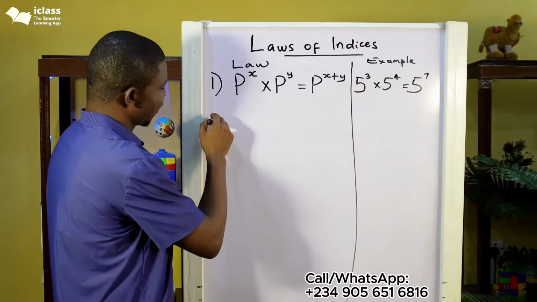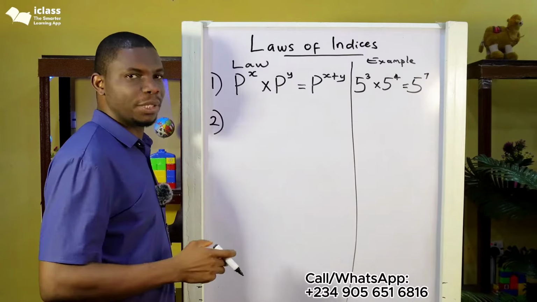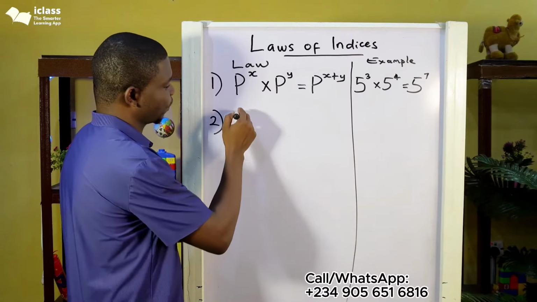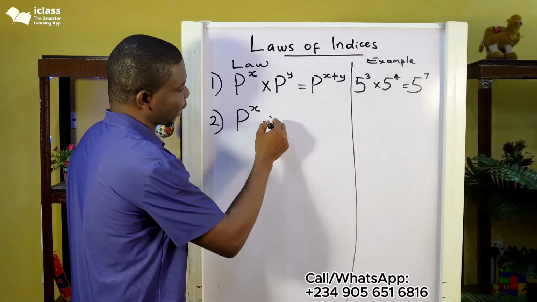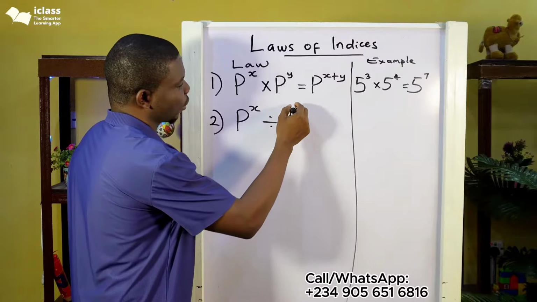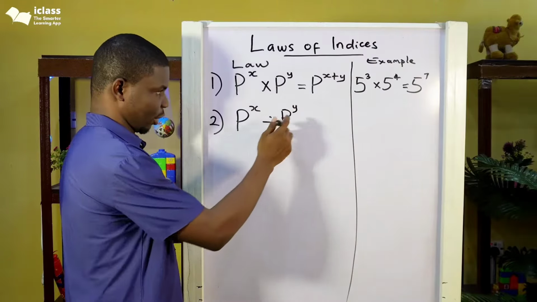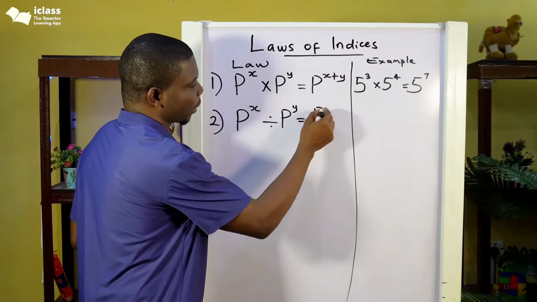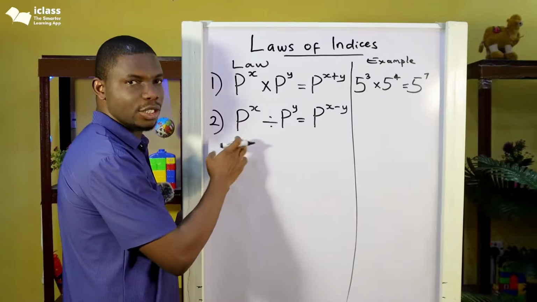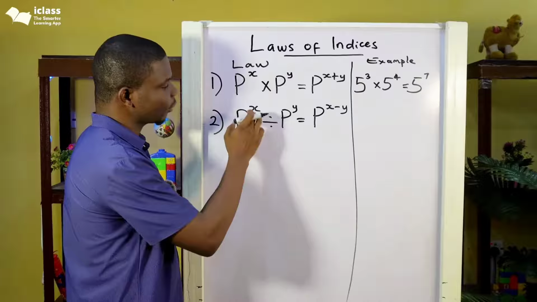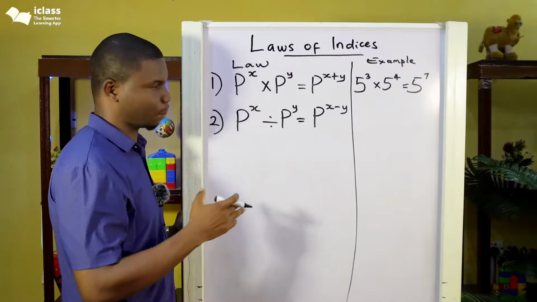Easy. The next one would be the division law. If we have p to the power x divided by p to the power y, this will give us p to the power x minus y. So if you are dividing indices of the same base, all you need to do is to subtract the powers.